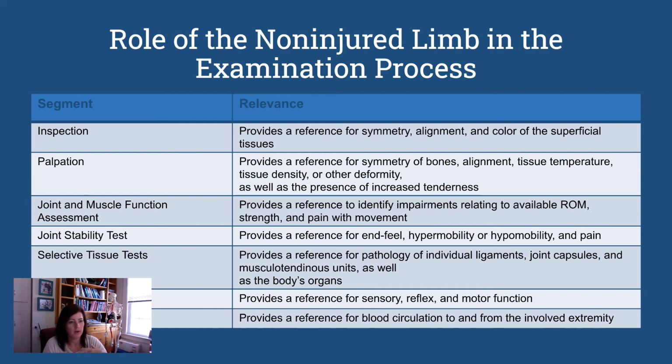Okay, so you can compare joint stability, you can compare your vascular screen, your manual muscle testing, special testing. Always compare side to side. That's going to be your best way to figure out, hey, is this normal for this person, or does this feel different than their uninvolved side? So that's really the best way to compare.